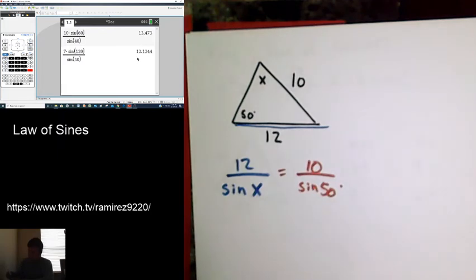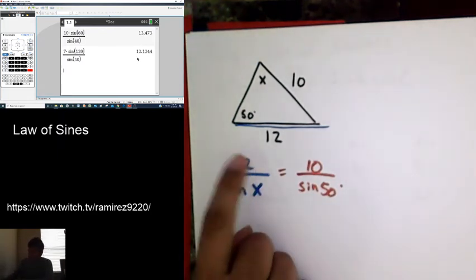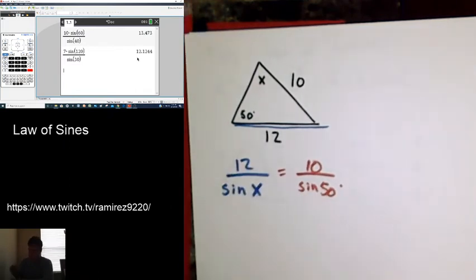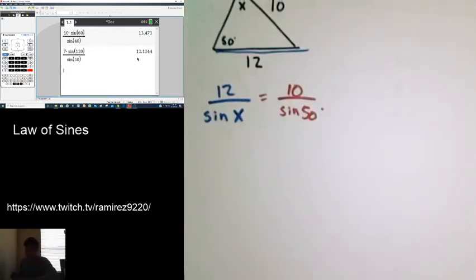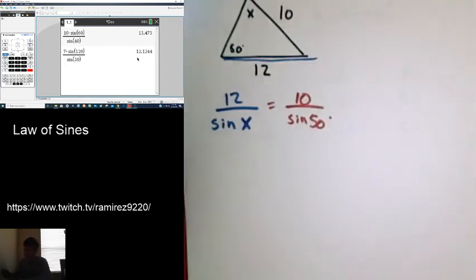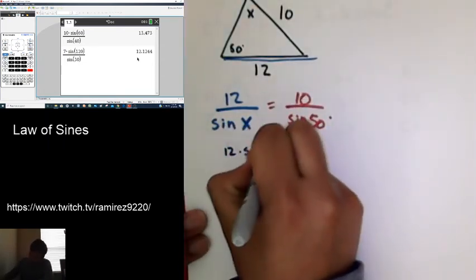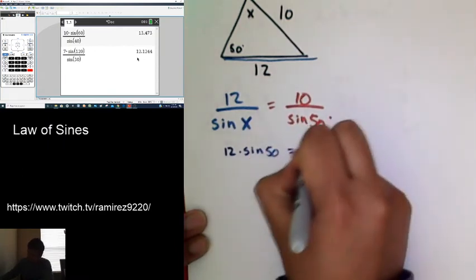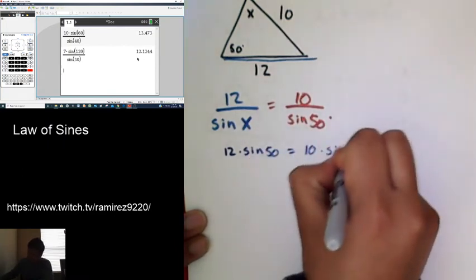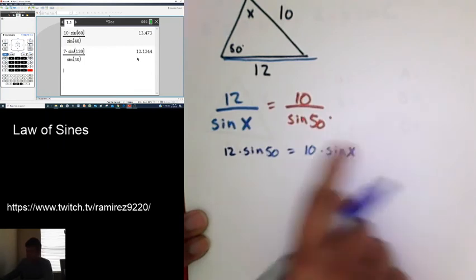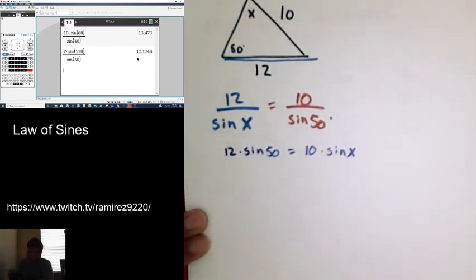I'm going to go ahead and show you the algebra on this one, but it's pretty much the same thing. You can see how we have to multiply both of these. Okay, so this becomes 12 times the sine of 50 is equal to 10 times the sine of x. But we got to leave this part by itself, so we have to divide both sides by 10.